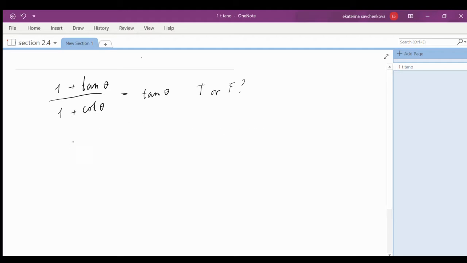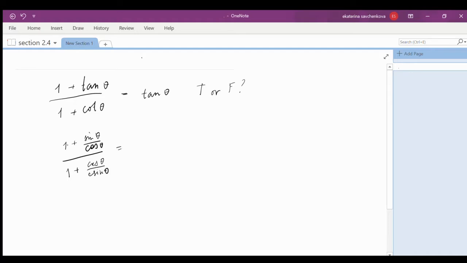and see if I can get to tangent. So first I'm going to start writing down tangent as sine of theta over cosine of theta. In denominator, cotangent, which is going to make up cosine of theta divided over sine of theta.